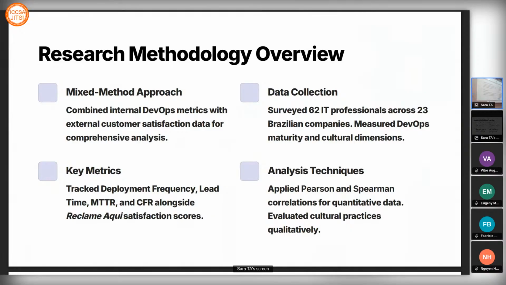We collected a survey with 62 IT professionals across 23 major Brazilian companies, and we measured DevOps maturity in cultural dimensions. After that, we applied Pearson and Spearman correlation for statistical confidence to see whether or not they present a correlation, for both quantitative and qualitative data.